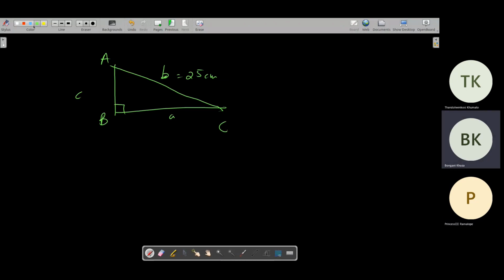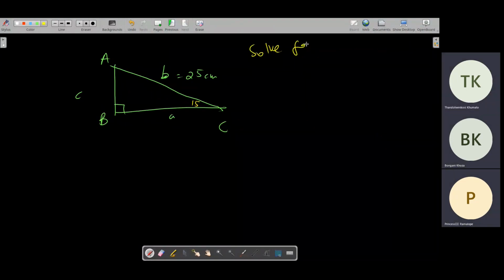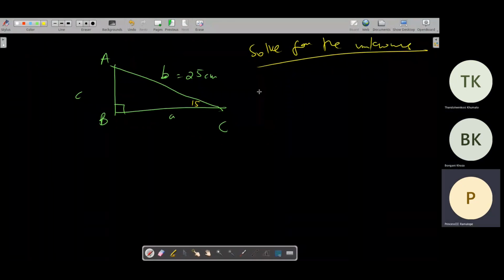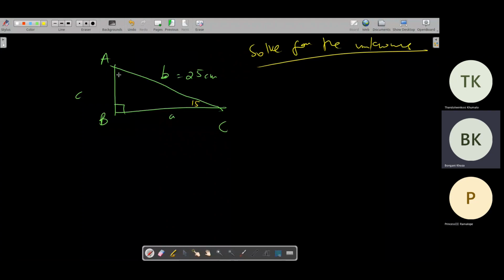The angle that you have here is 15, like that. So we're supposed to solve for the unknowns. We're supposed to get the value of C, the value of A. Let's also call this angle X, and find the value of X.